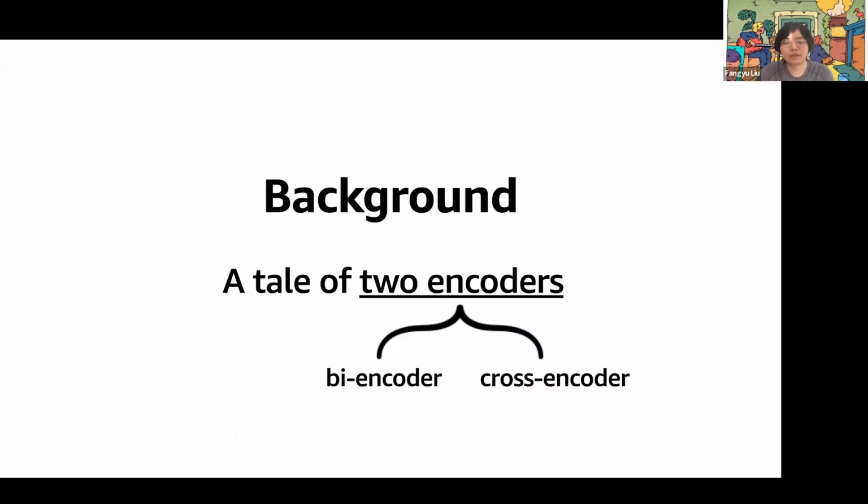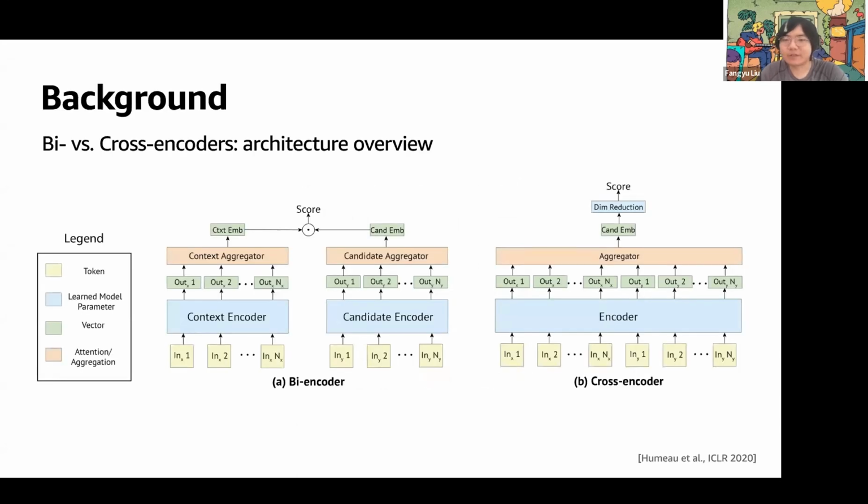So to understand Trans-Encoder, there are some prerequisites needed, which are the concepts of bi-encoder, or dual encoder, and cross-encoder. The bi-encoder will be the model we talked about prior to this work. Cross-encoder is a different architecture, shown here.